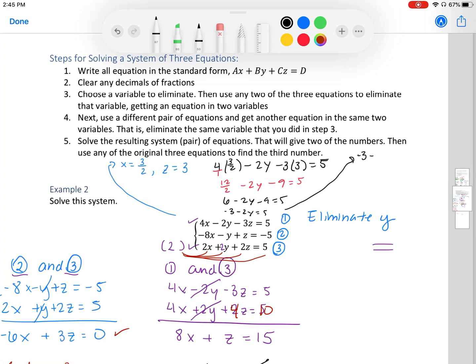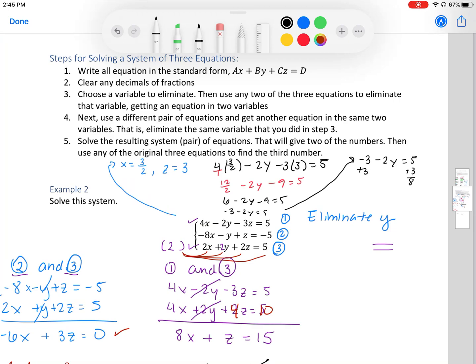So I have negative 3 minus 2y is equal to 5. Add 3 to both sides.